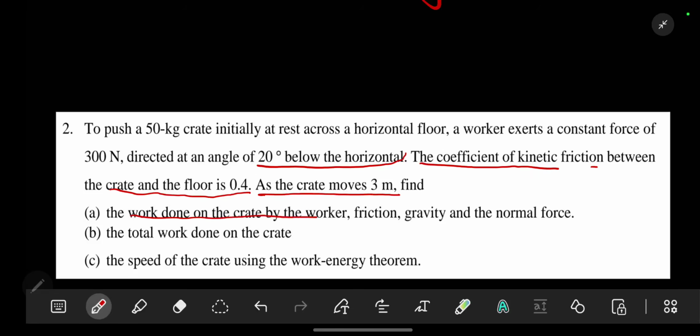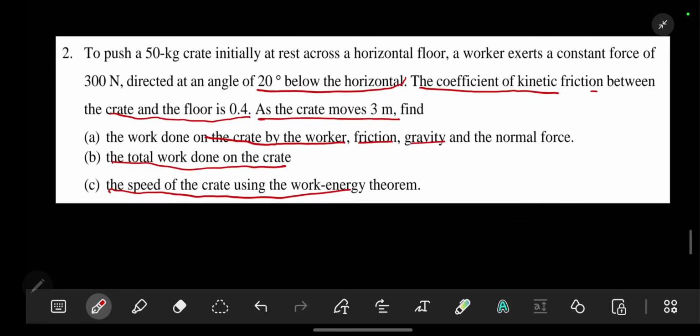Find the work done on the crate by the worker, friction, gravity, and the normal force, the total work done, and also the speed of the crate using the work energy theorem. Very interesting.